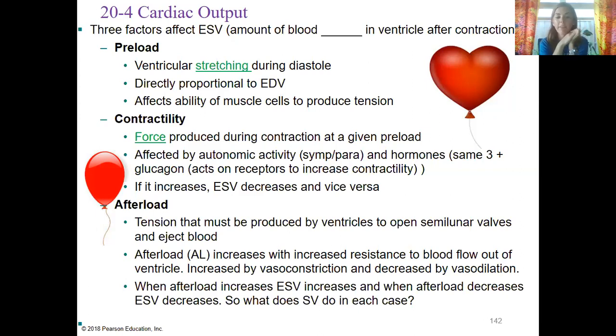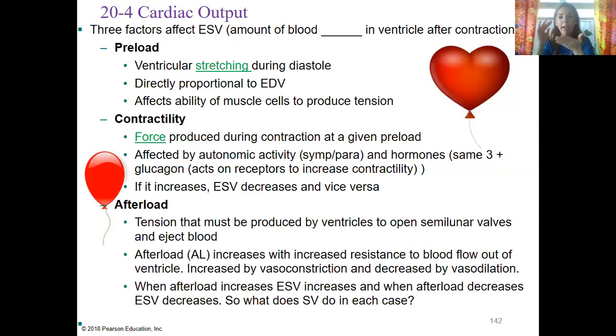And then lastly, afterload. This is the tension that has to be produced by the ventricles to pop open those semilunar valves and get the blood out of the heart and into the pulmonary trunk and into the aorta. Remember, blood flows from a high pressure to a low pressure.